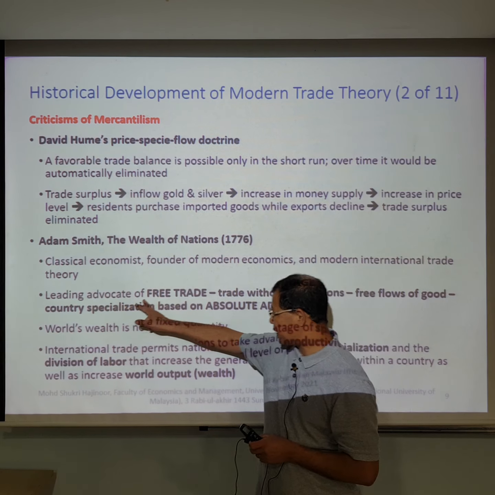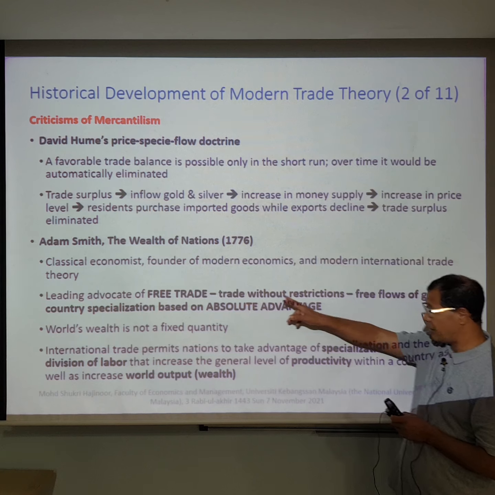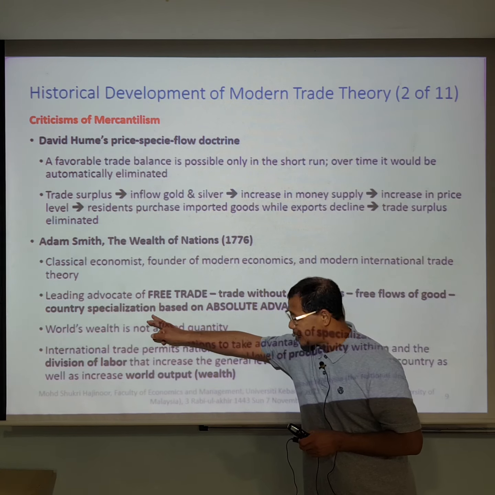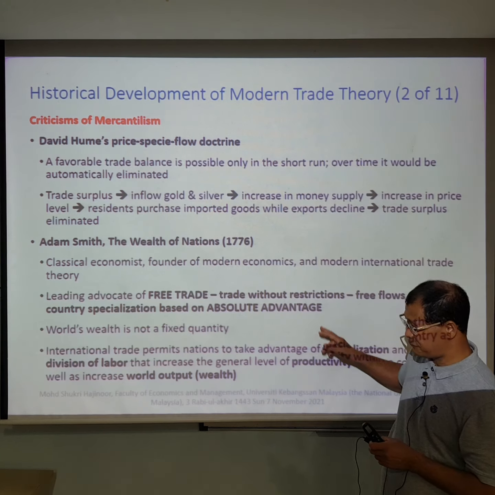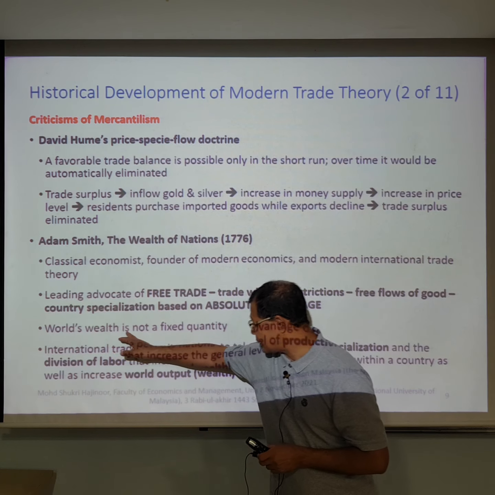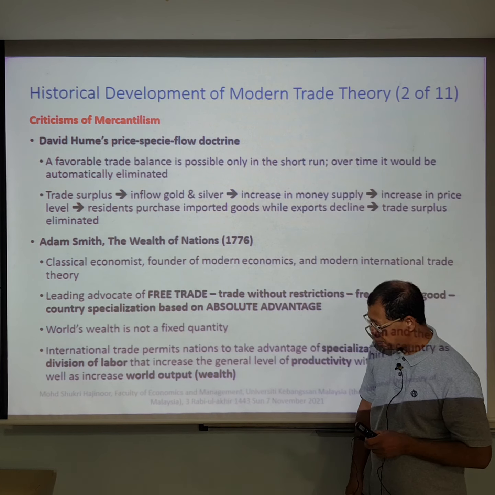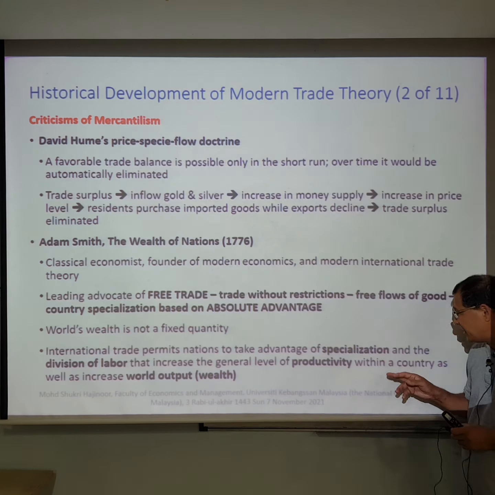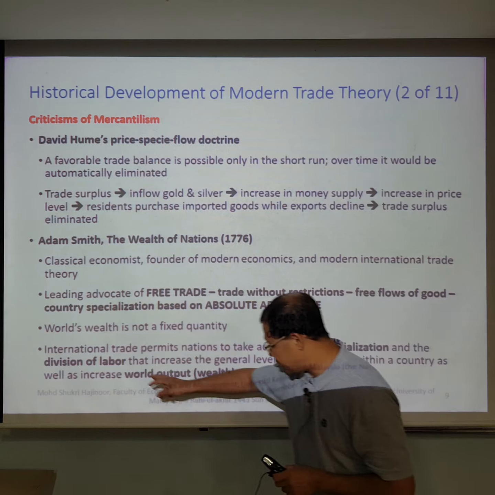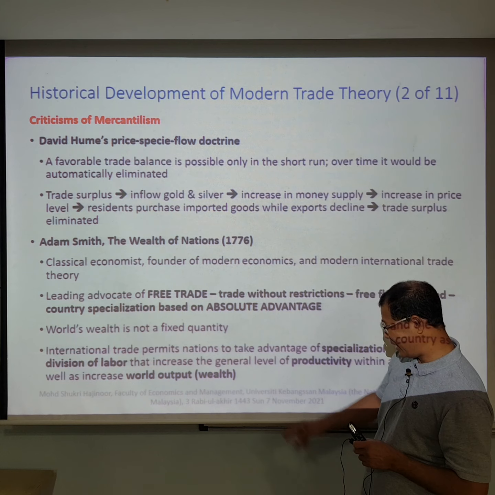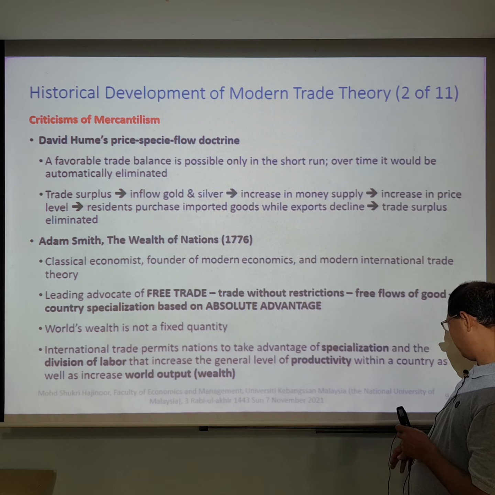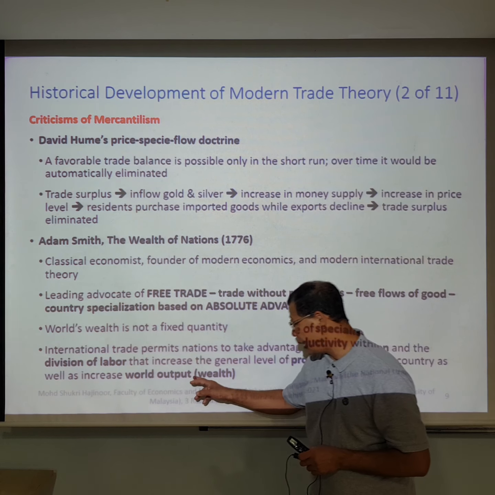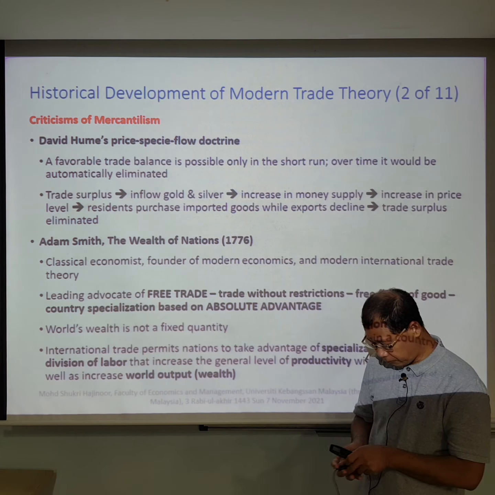So, a leading advocate of free trade, trade without restrictions, as I mentioned earlier, free flows of goods, country specialization based on absolute advantage. Because the world's wealth is not a fixed quantity, international trade permits nations to take advantage of specialization and the division of labor that increase the general level of productivity within a country, as well as increase world output, world wealth.